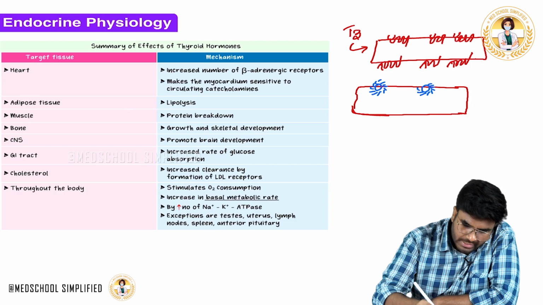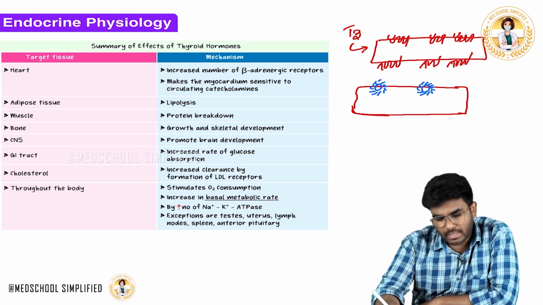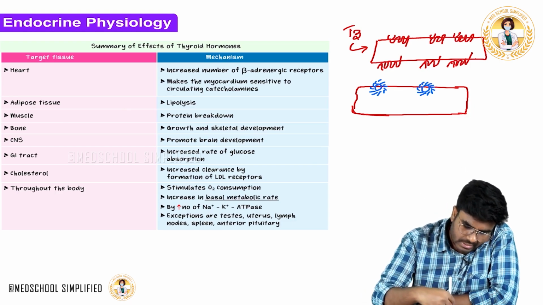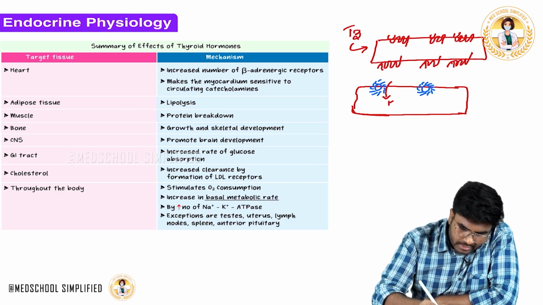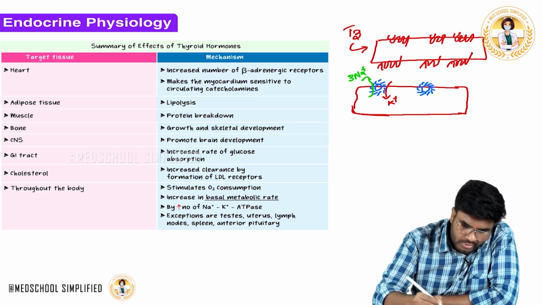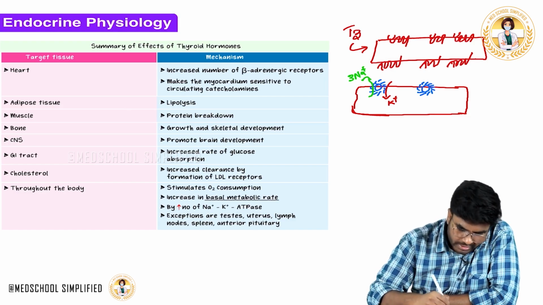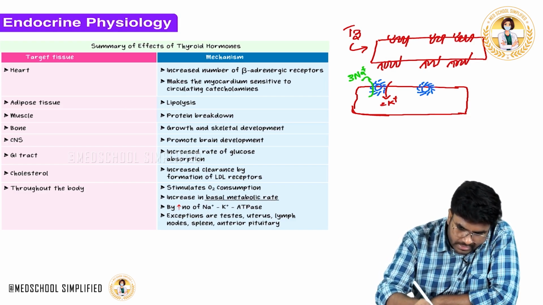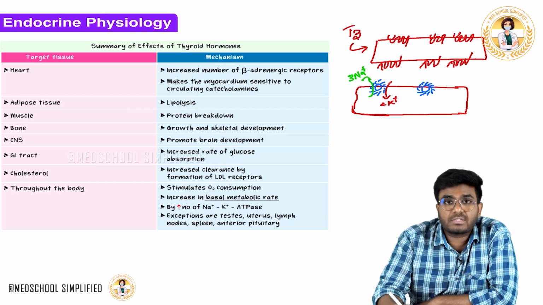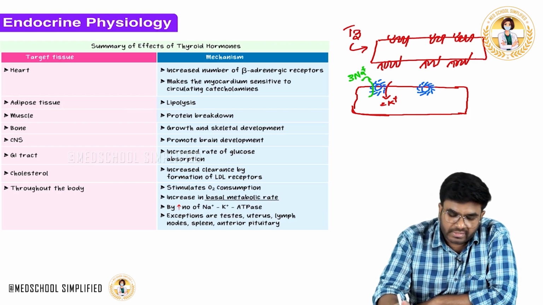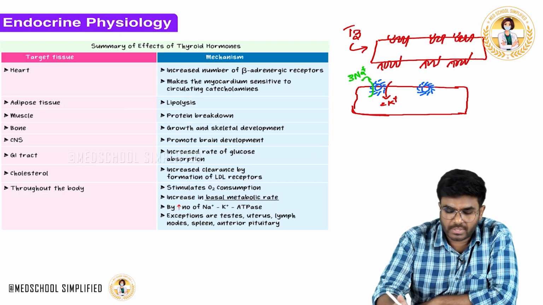Pumps are the ones which use energy. Now there is this one important pump which takes 2 potassium ions into the cell and throws 3 sodium ions out of the cell. 3 sodium out and 2 potassium into the cell. Now, what exactly is this? Sodium potassium ATPase. Our favorite thing, which is present on almost all the cells, is sodium potassium ATPase.